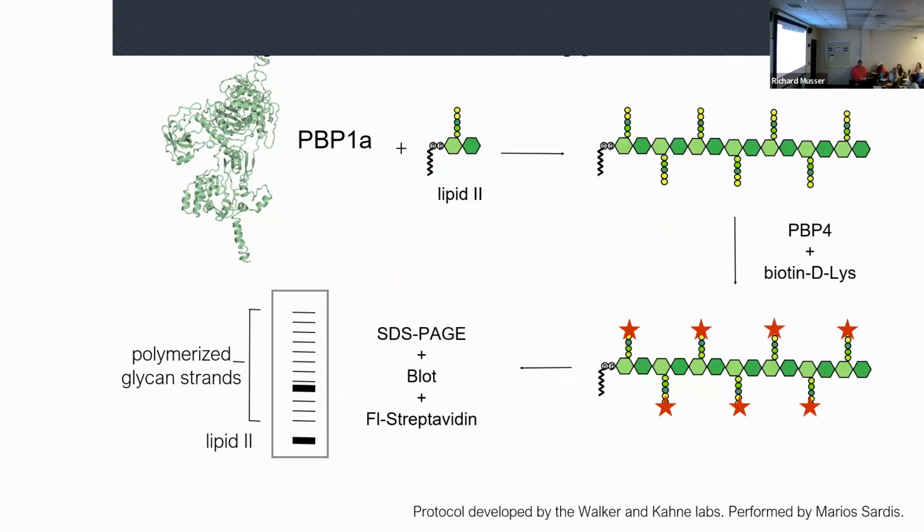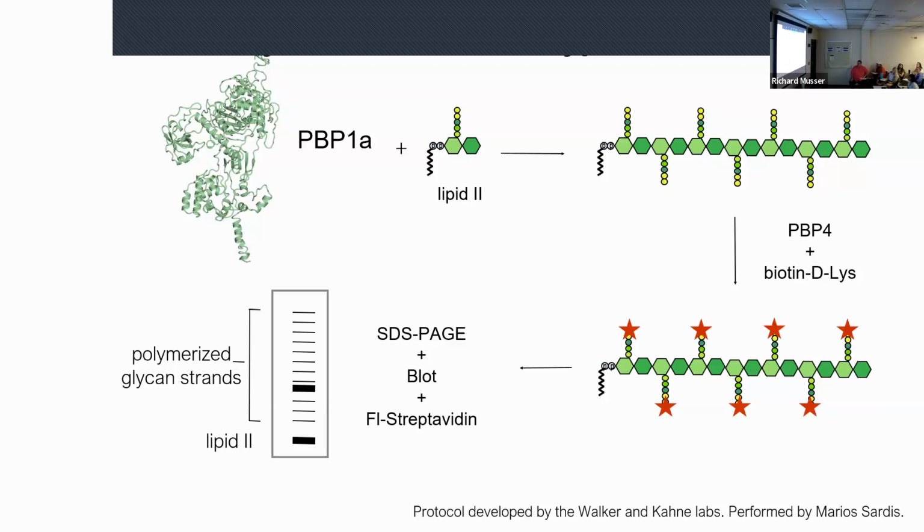And in this case, we give it the version of the disaccharide subunit from Enterococcus faecalis instead of the one from E. coli. This is because E. coli PBP1A cannot form the protein crosslinks with Enterococcus faecalis subunit. And this allows us to specifically look at that glycan strand polymerization because there's no cross-linking happening.